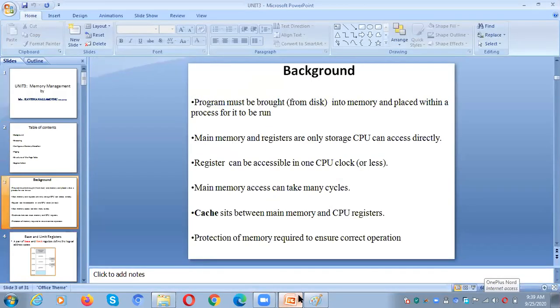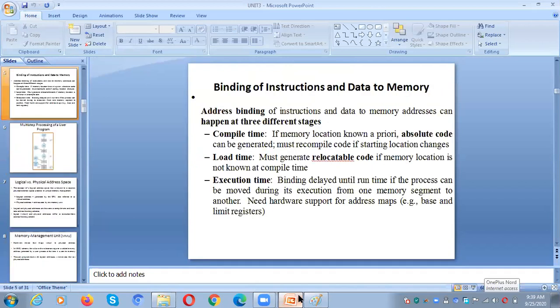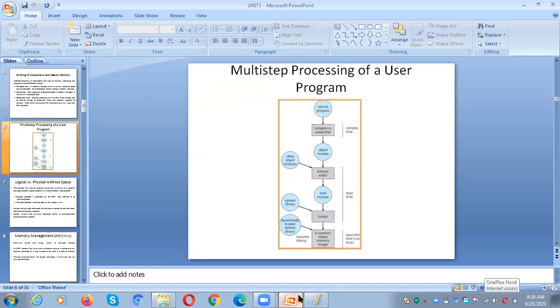So far we have completed the background, base and limit registers, and address binding. There are 3 stages: compile time, load time and execution time. Is there any problem? Okay.